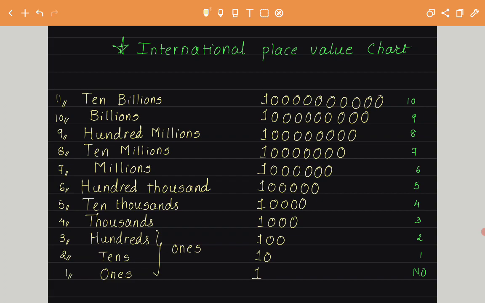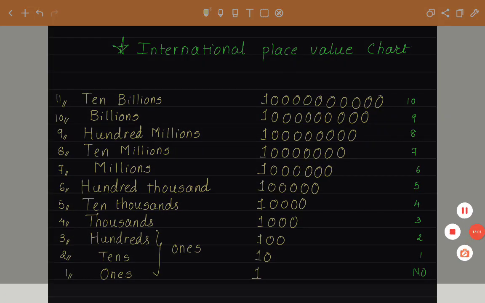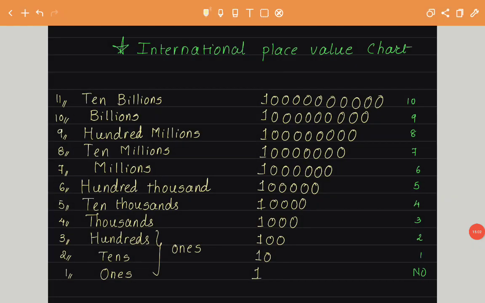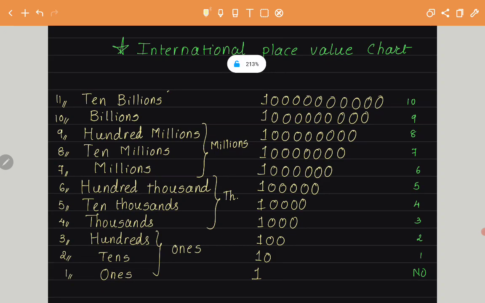Then we have 1000, so in 1000 we have 3 digits. Then we have million, in that also we have 3 digits. This is millions, so the name of the period is million. And here this is billions.